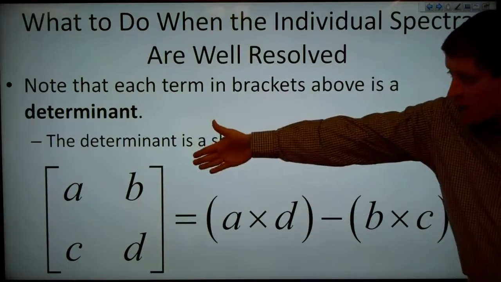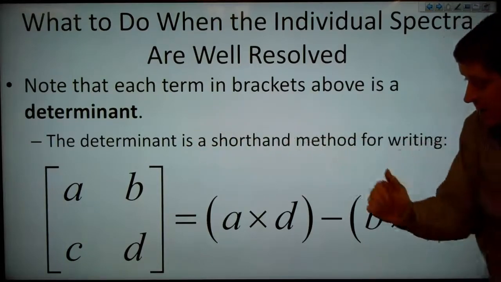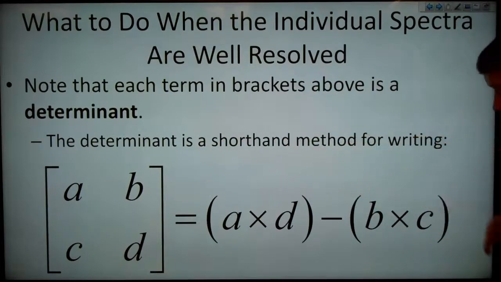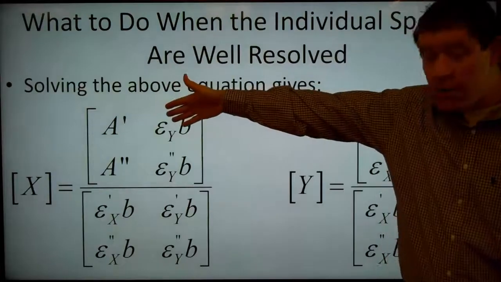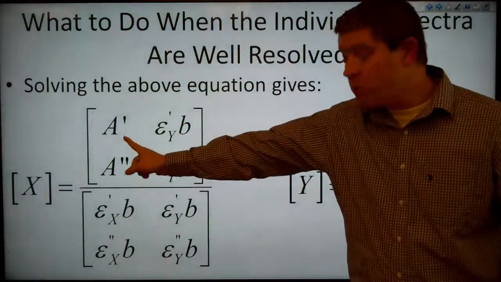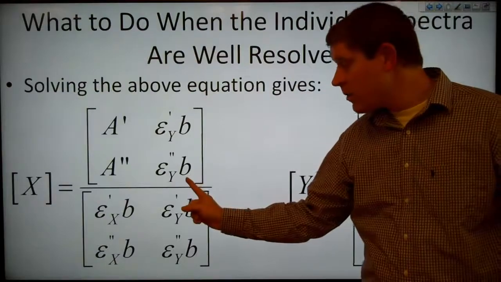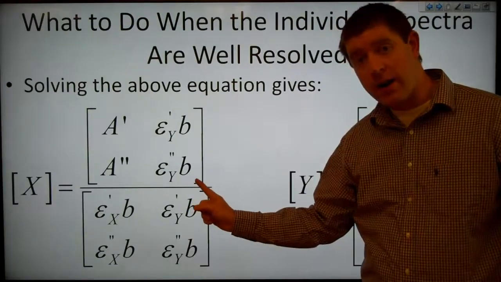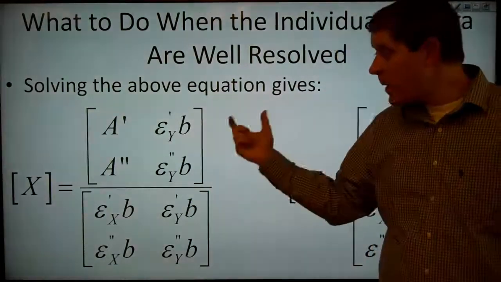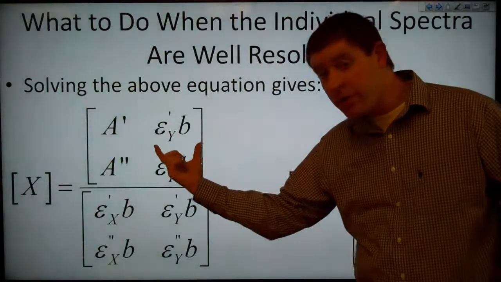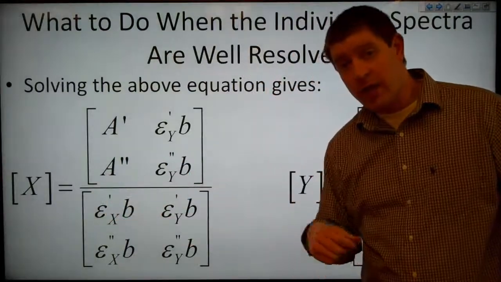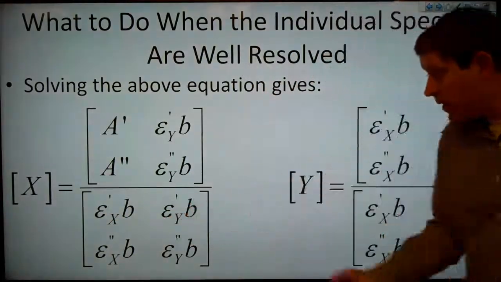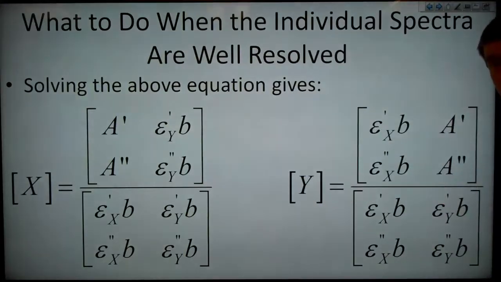If we have a determinant with A, B, C, and D, that means A times D minus B times C. So if we go back, that means in the numerator here we have our absorbance at our first wavelength times the molar absorptivity of Y at our second wavelength times the path length, minus the molar absorptivity of Y at our first wavelength times the path length times the absorbance at our second wavelength, and so on for our other determinants here.